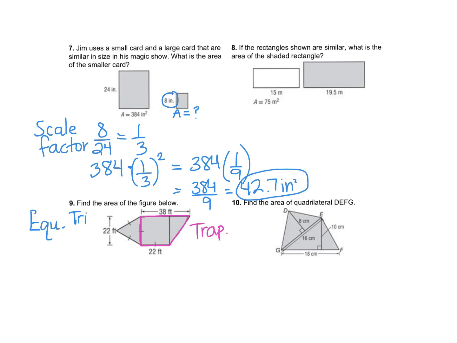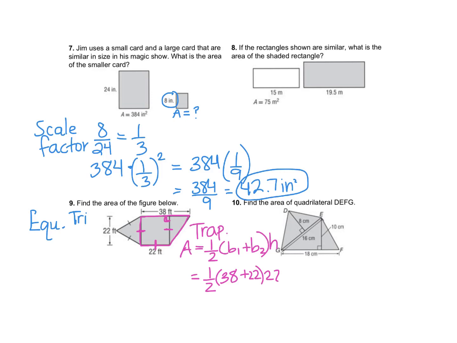So for my trapezoid, I'm going to use the formula 1/2 of base 1 plus base 2 times the height. So my 2 bases are 38 and 22, and then I have a height of 22. How do I know that? Because this is a square, and because it gives us this little tick mark, that's showing me that this side over here is the same. So that side, which is our height, because it's creating this perpendicular 90-degree angle, is 22.